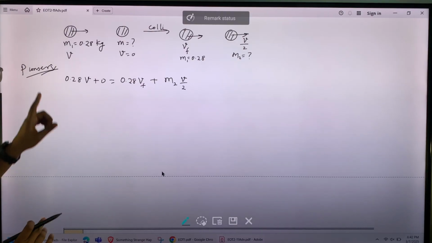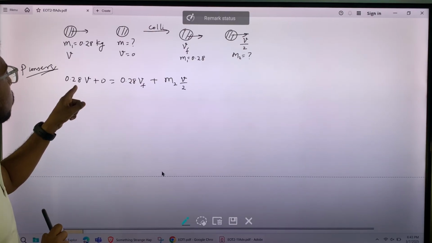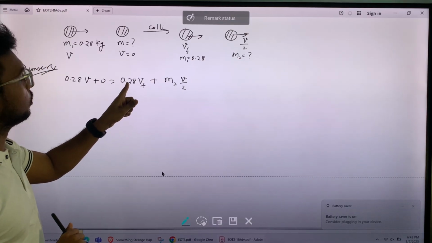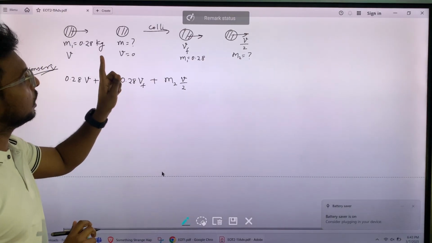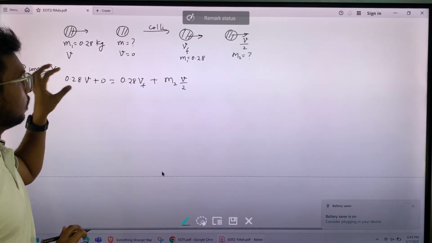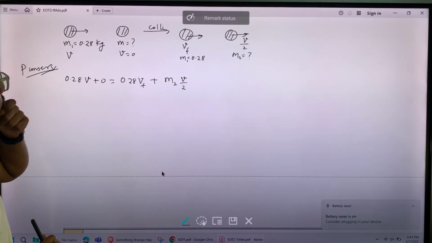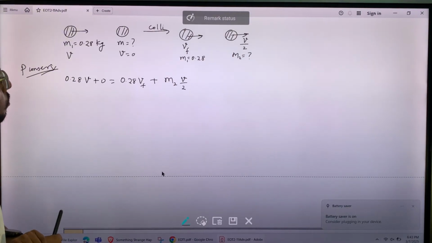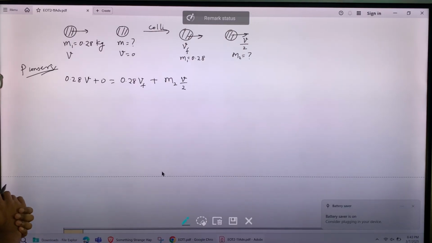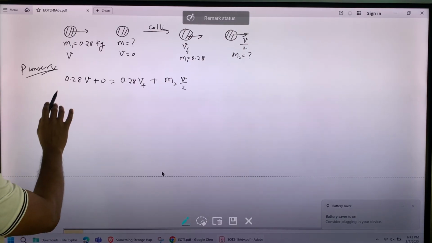So I don't know here what is the initial velocity of the first ball. I don't know what is the final velocity of the first ball, and I know that the final velocity of the second ball is half the value of the first ball. And I don't know the mass of the second ball also. So that is 3 unknowns. Anyway, so this is 0.28v.